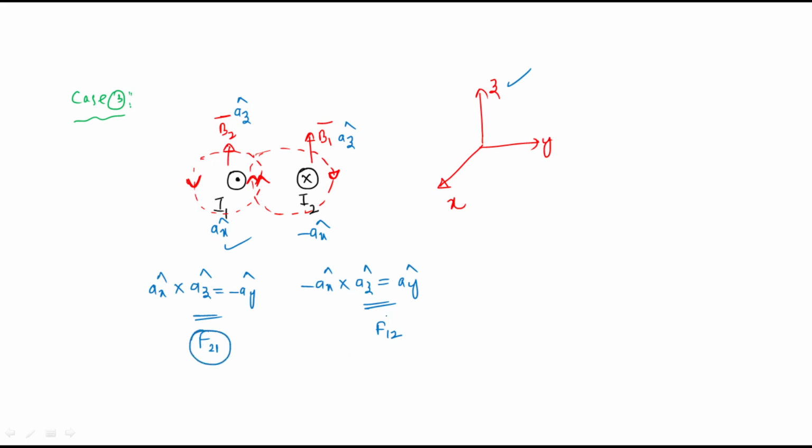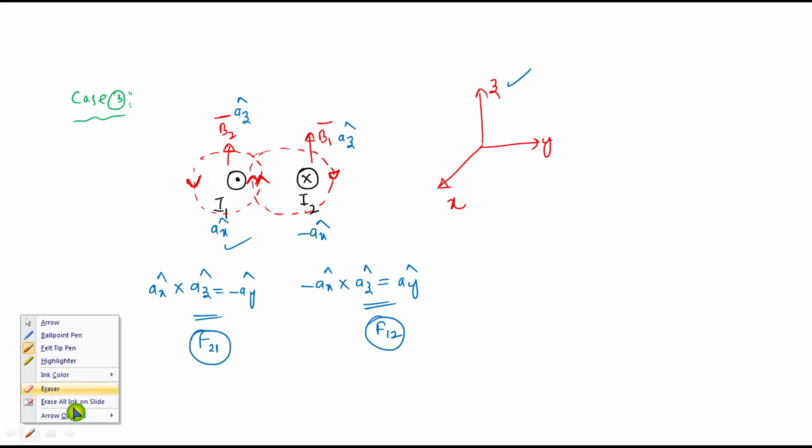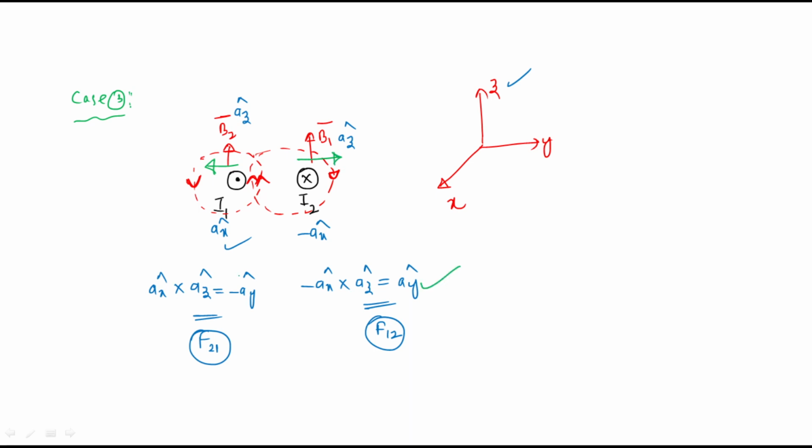This is F21, this is F12. So like that you will get the direction of force. This is in the direction of ay, and this is in the direction of minus ay. This is F21. This is F12. Here the force is repulsive force.